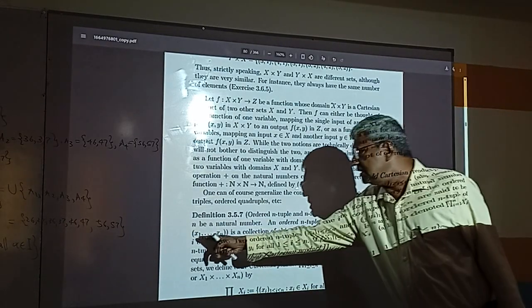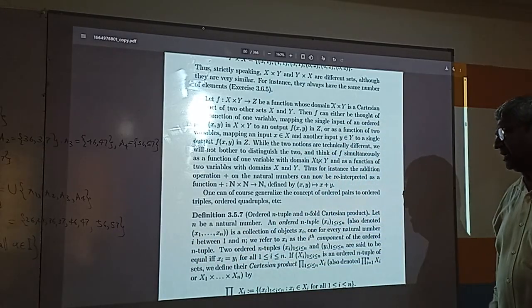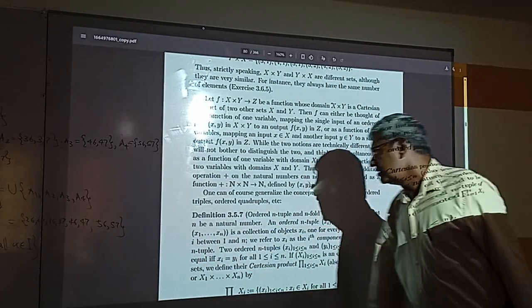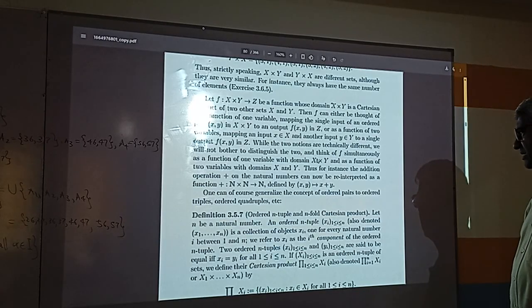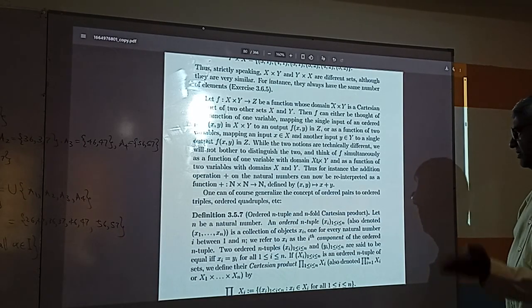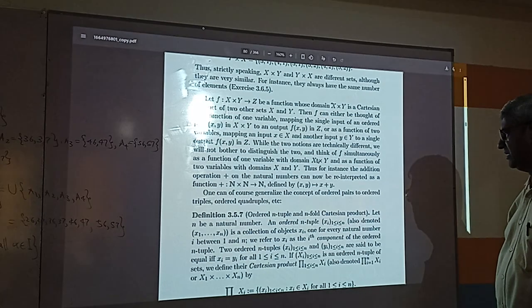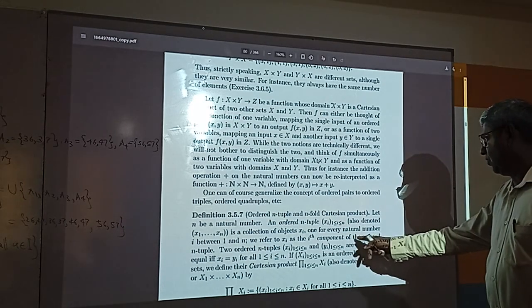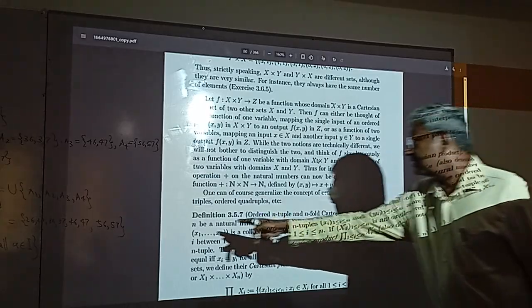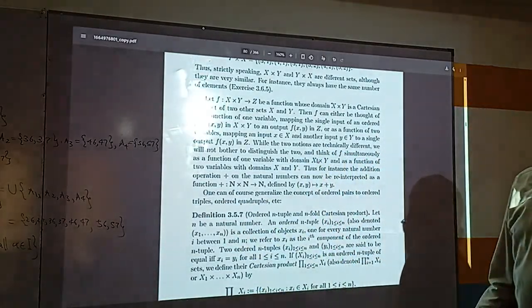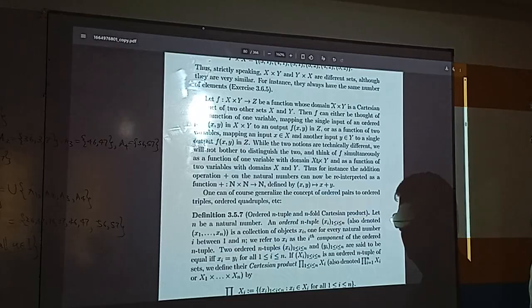So this is an ordered n-tuple: x1, x2 up to xn. x1 is the first component, x2 is the second component, and so on. Because it is an ordered n-tuple, you cannot shuffle like in a set.